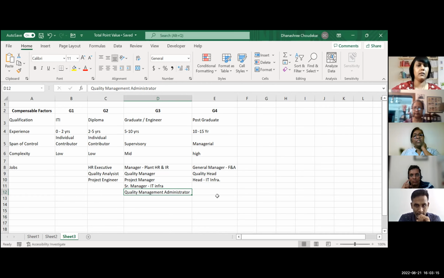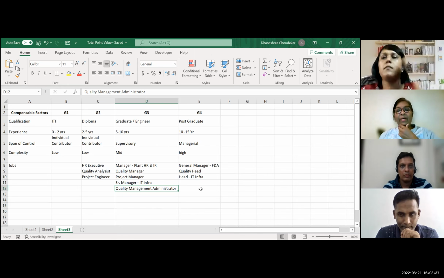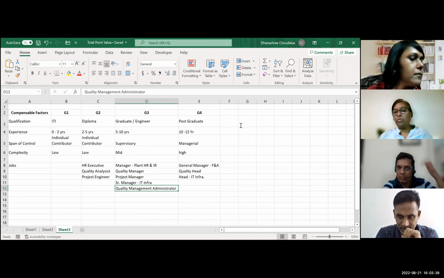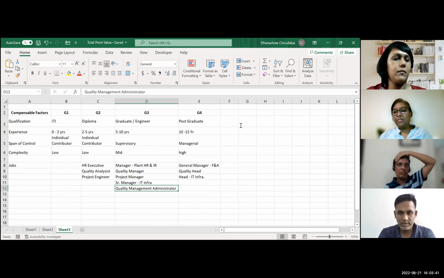Based on the job description of every position, you have evaluated vis-a-vis the descriptors, and wherever they fit, you have said these positions are under grade 2, these in grade 3, and these in grade 4. Is that so? Yes. Clear? Done the exercise. Okay, can we have the next group also do the presentation, please?